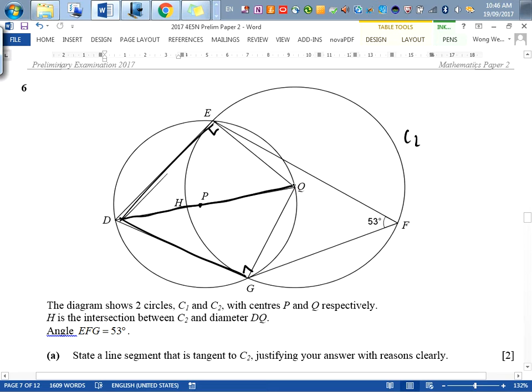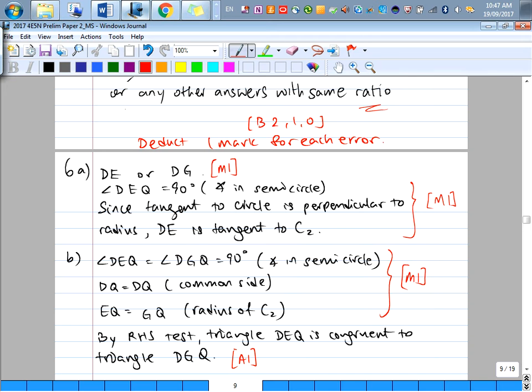This is my diameter, so this will be a right angle triangle since it is in a semicircle. Presentation wise, we state that angle DEQ is 90 degrees, and state the reason. Then since tangent to circle is perpendicular to the radius, therefore DE is tangent to C2.